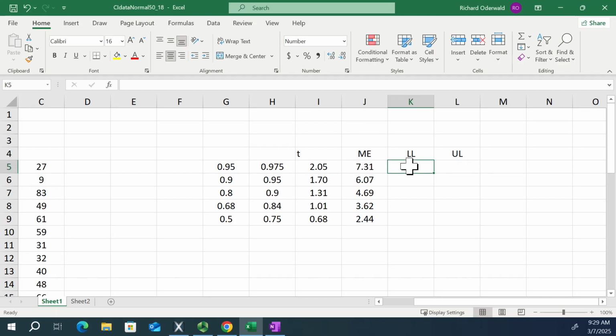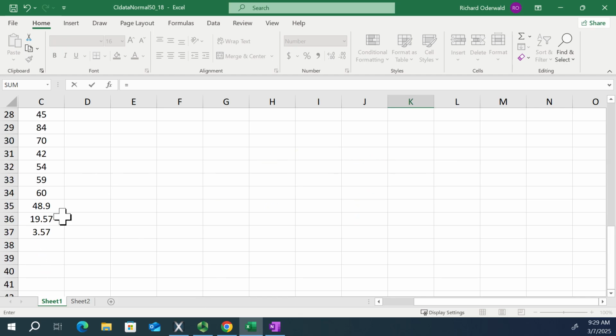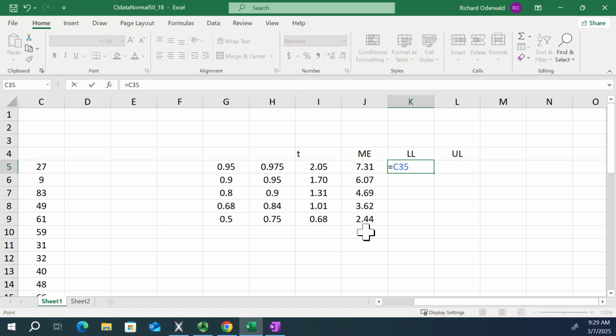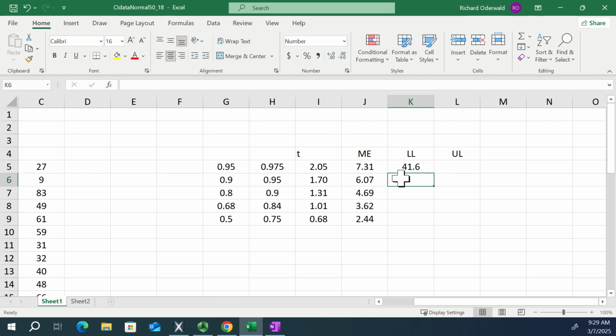So I want the average minus this and the average plus that. So for this one, it's equals, and I need the average, 48.9, and I'm going to subtract the margin of error. So the lower end of the 95% confidence interval is about 42.